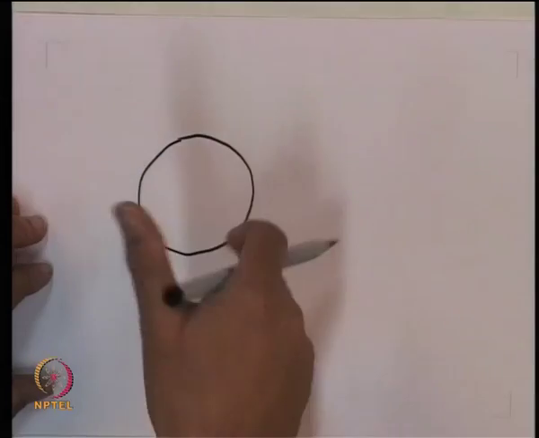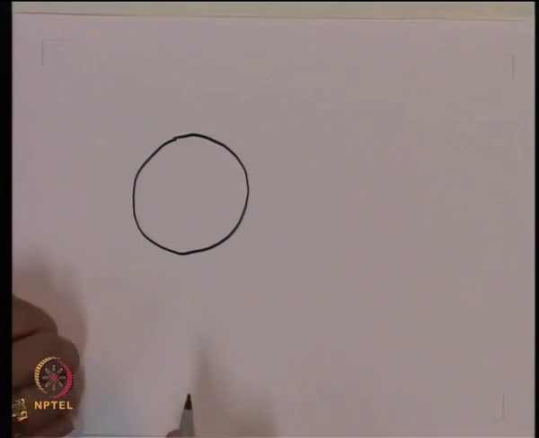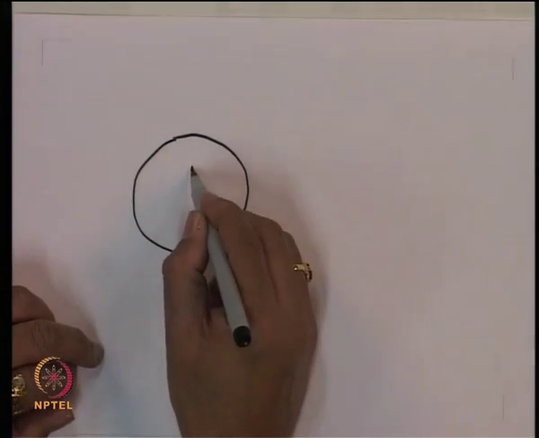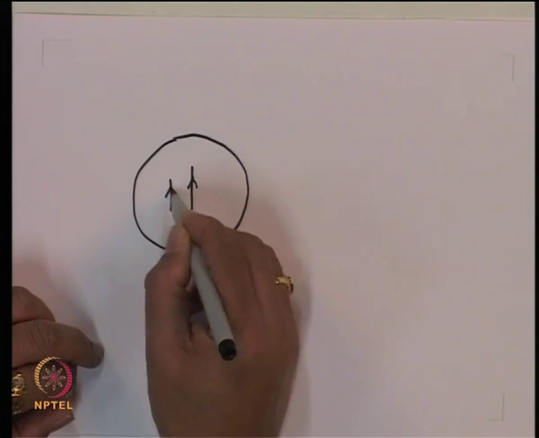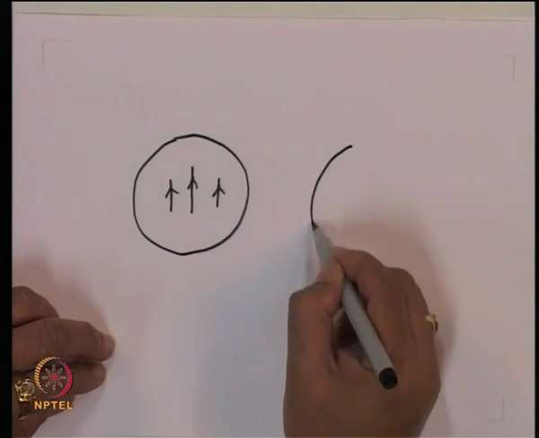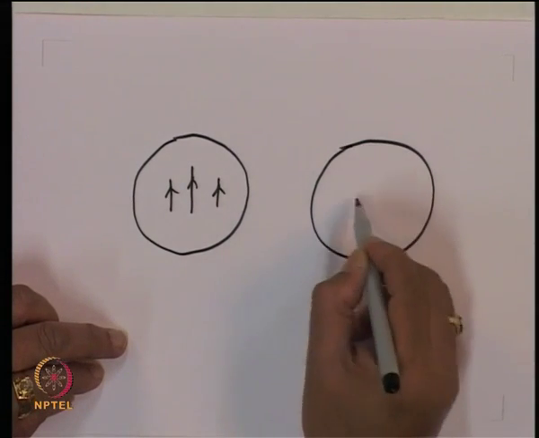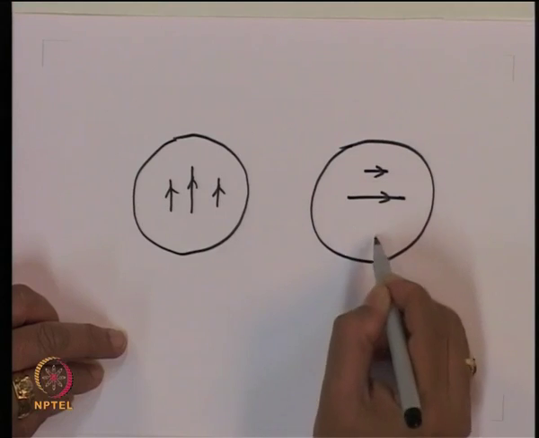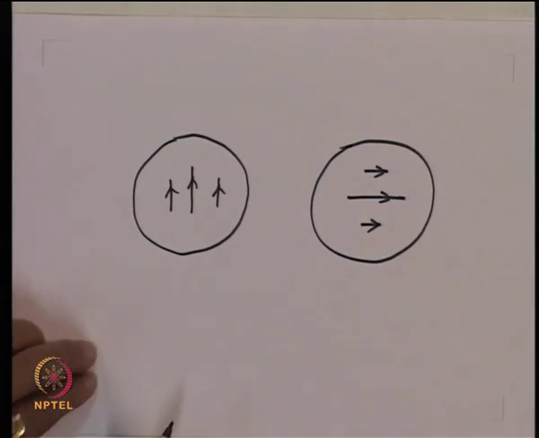Same thing, then one can ask what is the situation for the LP01 mode, and the LP01 mode, as we saw, is circularly symmetric. So, the rotation of the fiber does not play a role, but it certainly depends upon the orientation of the electric field. So, one possibility is this, other possibility could be horizontally polarized, something like that.